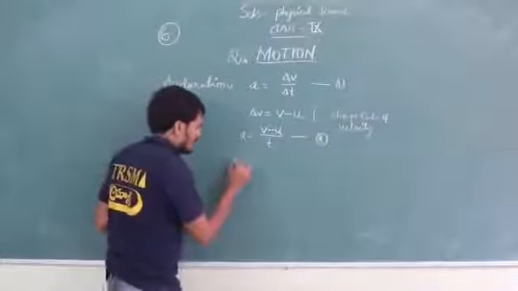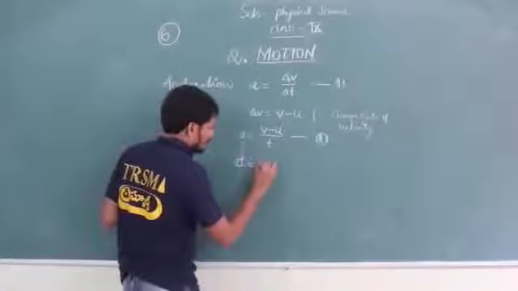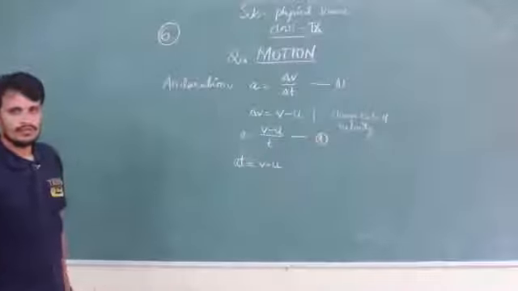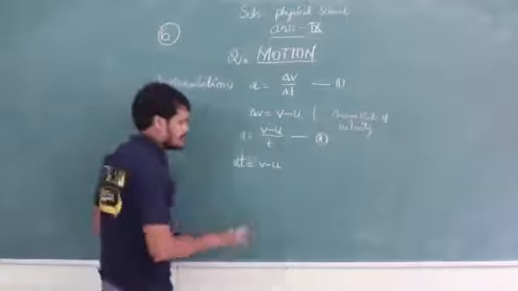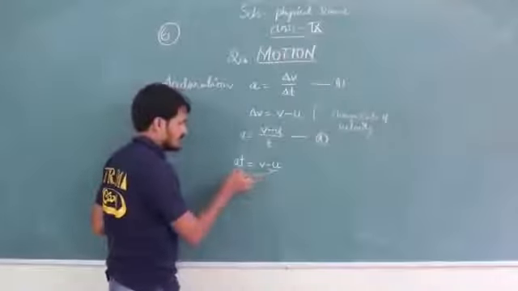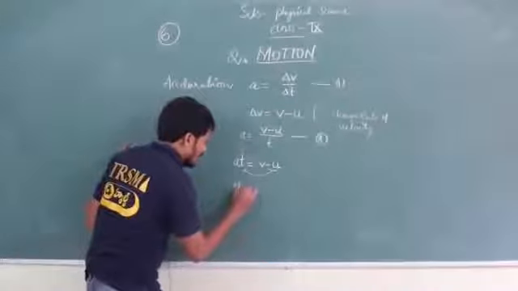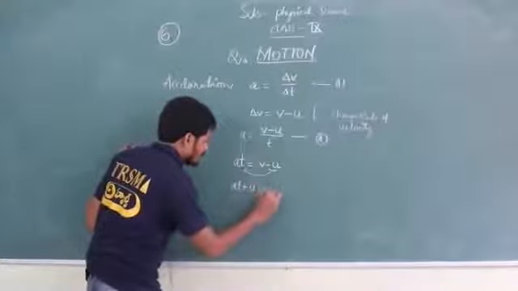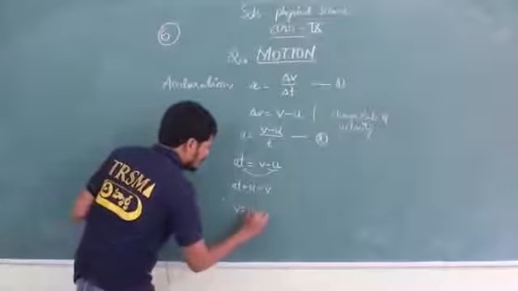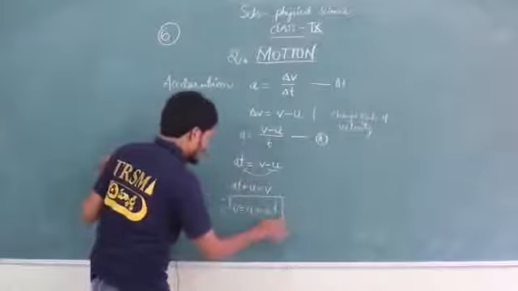It becomes at equals v minus u. Now send this minus u to this side. So it becomes at plus u equals v. Therefore v equals u plus at. This is one of the motion equations for us.